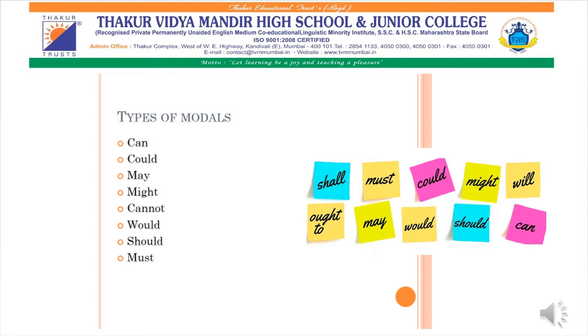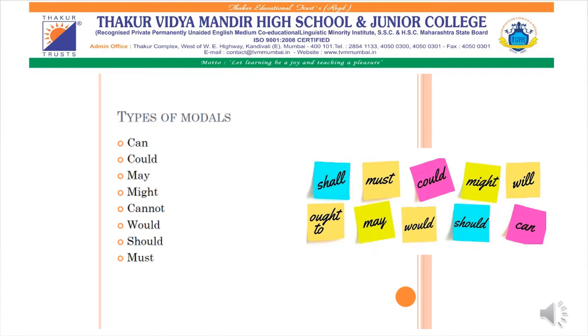Now we will study in detail when can should be used, when could should be used, when may should be used. So it will help you all if you want to give a suggestion to your friend, which particular modal auxiliary words we should use, that we are going to study today.